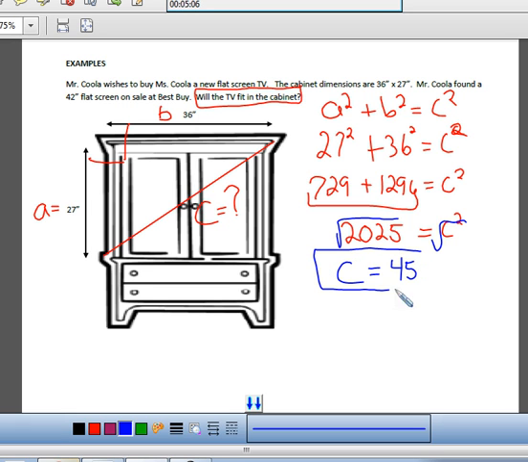So, what that means is this cabinet can hold a TV up to 45 inches in diagonal. That's what TVs are measured by. So, will a 42-inch flat screen fit in a cabinet that can hold up to 45? Yes. The TV will fit. Remember, we answer with a complete sentence.